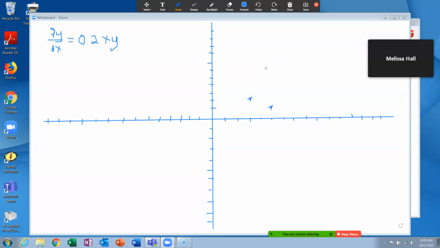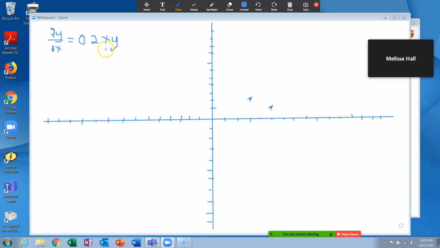Give me another point. Any point. Anybody? 1, 1. Okay. 1, 1 will be right about here. I'm going to try to just draw the arrow.